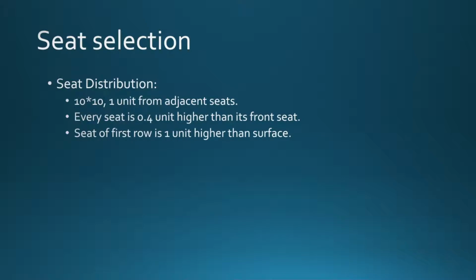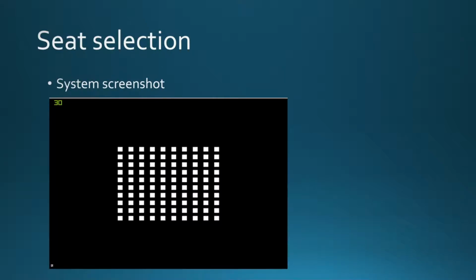It has a size of 10 by 10, and each seat is 1 unit away from adjacent seats on the X-Y surface and 0.4 units higher than its front seat, and the fourth row seat is 1 unit higher than the surface. This is a screenshot of the seat distribution map in our system.